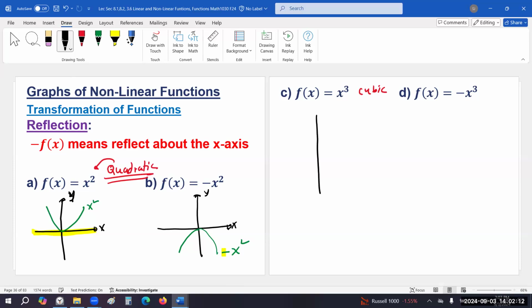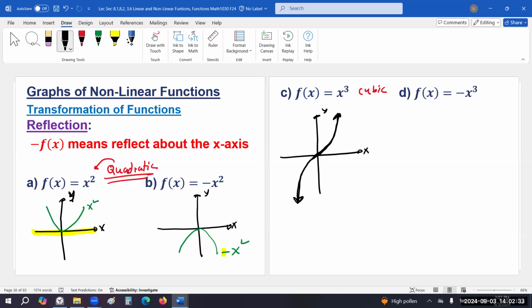And the original cubic function has a shape like this. It goes through the origin and it increases forward on the upside. It goes down on the downside forever.